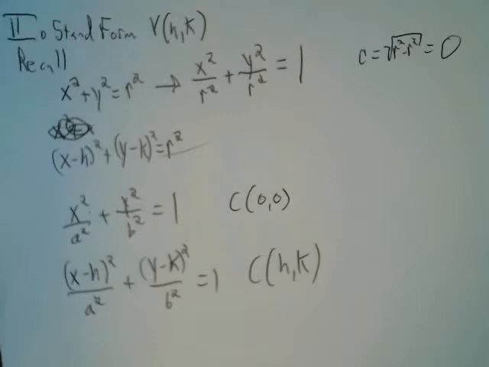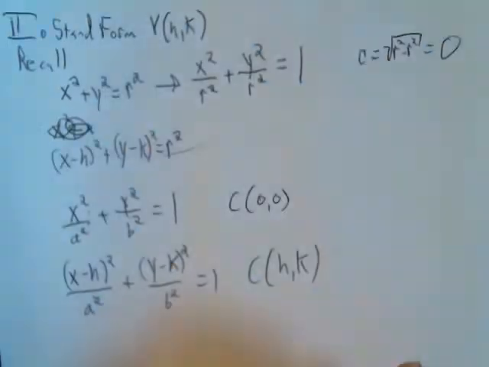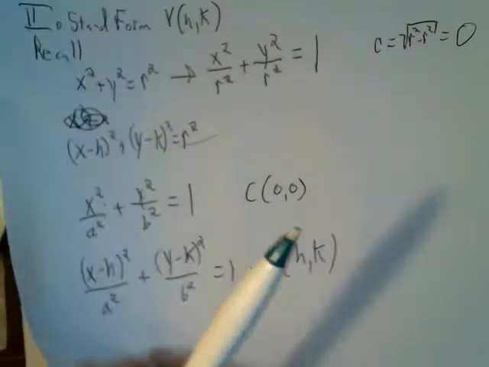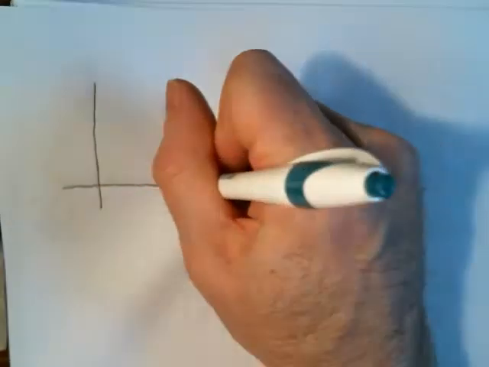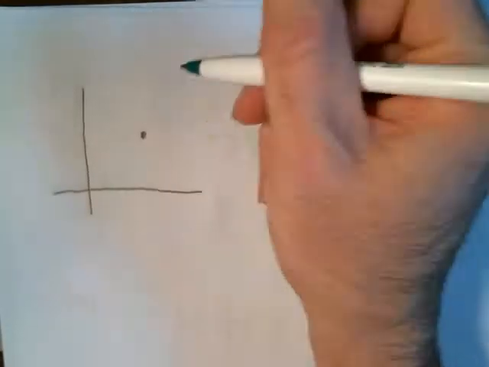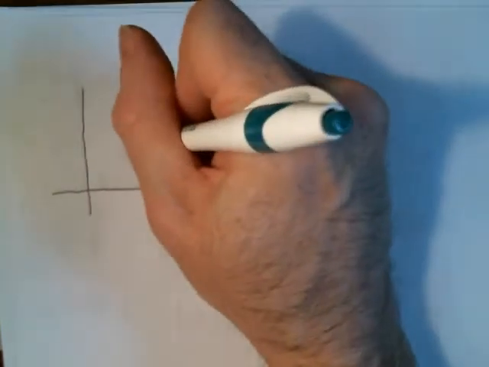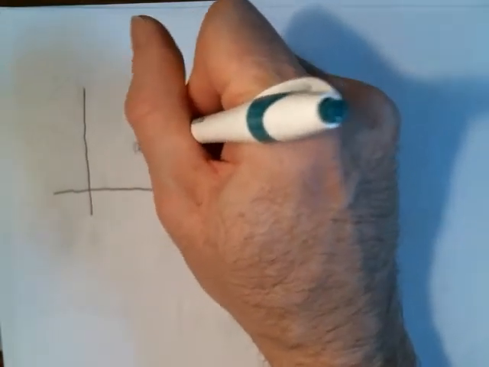Okay, so we want to investigate this a little bit and see how this goes. So let's draw up the pictures first off. Again, there's going to be two orientations. This will be our center h comma k here.